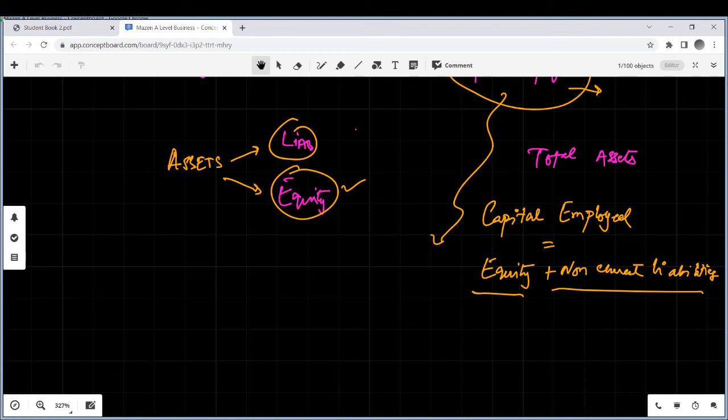And liability is the borrowed money going into assets. Then I said that this liability can be divided into two parts: current liabilities and non-current liabilities. The current liabilities I will have to pay back within the next year, so I cannot use it for long-term investments.